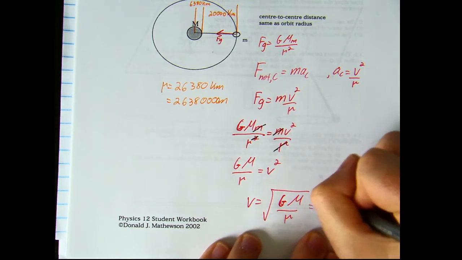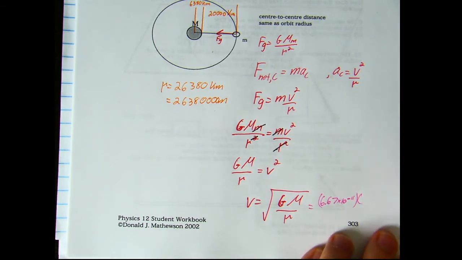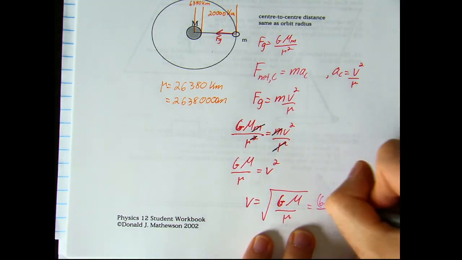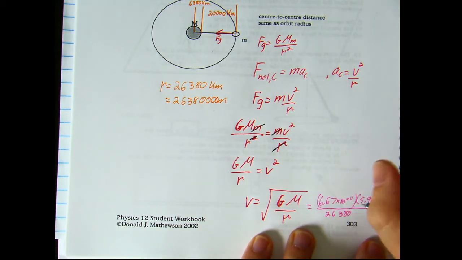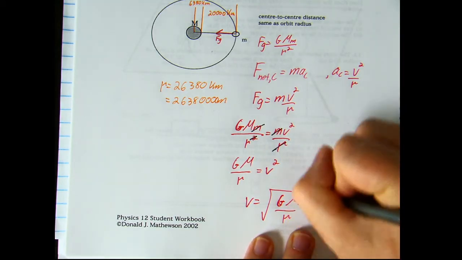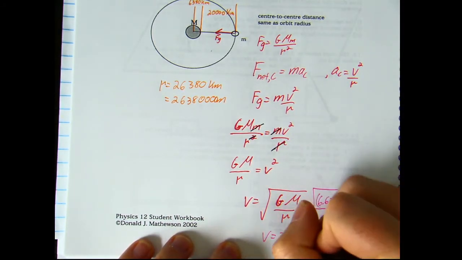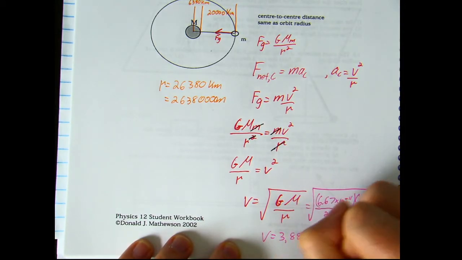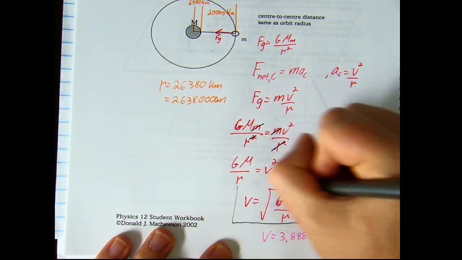So we're going to get 6.67 times 10 to the negative 11 times the mass of Earth, which we had to be 5.98 times 10 to the 24, divided by r. So that's 26,380,000, and we want to square root that whole thing. You can verify my calculation here, but I found that v was equal to 3,888 meters per second. This guy right here is a relationship that we want to hang on to.